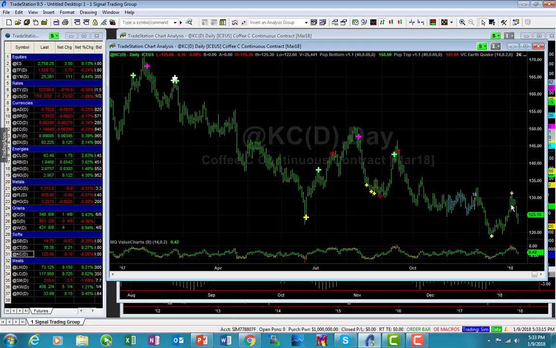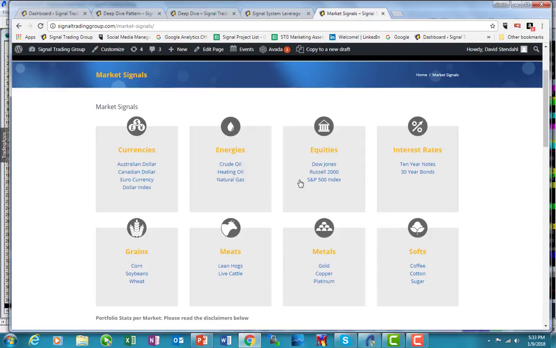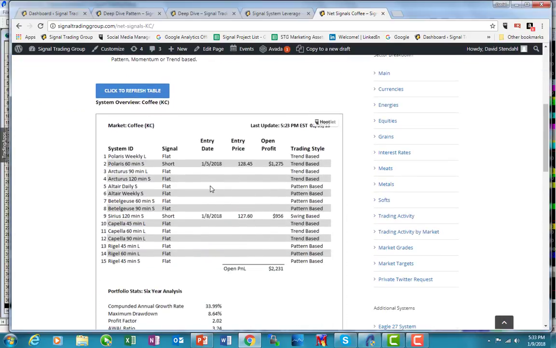And the systems, as an example, are in fact short. Let me pull this up here. If we come to market signals and we come down to coffee, just to show you that the indicators are telling us one thing, and they don't always correspond to what the systems do, but most of the time they do.